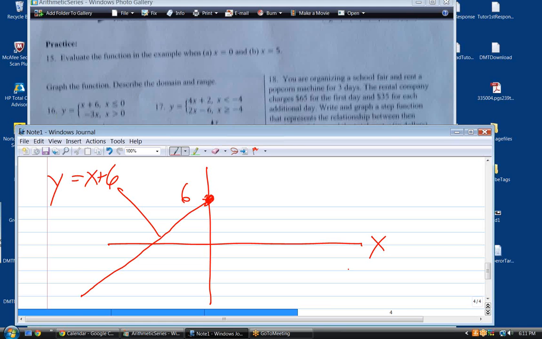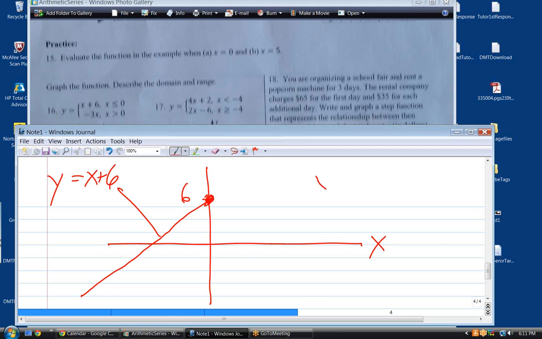When we're to the right of the y-axis, in other words, when x is positive, what's the function? Y equals minus 3x. Nice. That's a different function than x plus 6. That's why it's called piecewise. It's two different functions on the same curve.